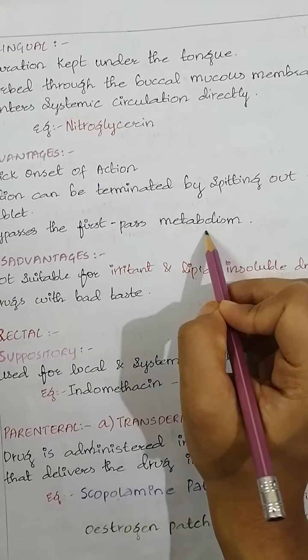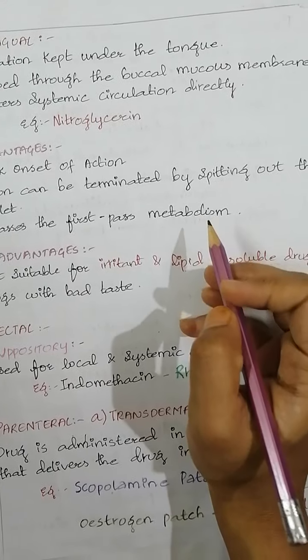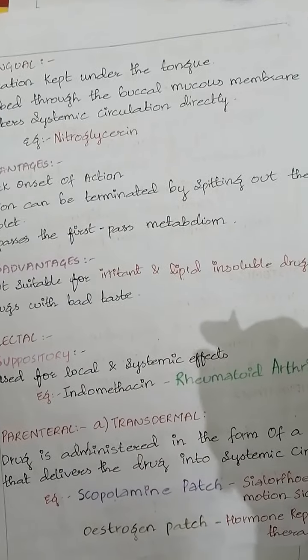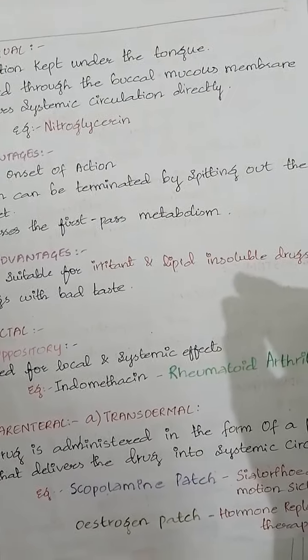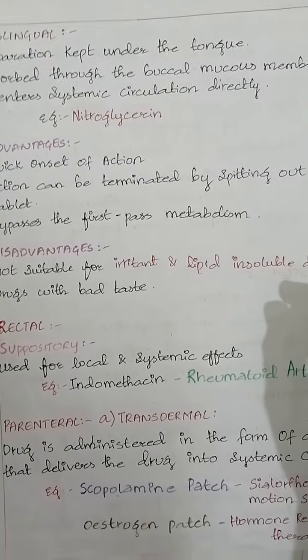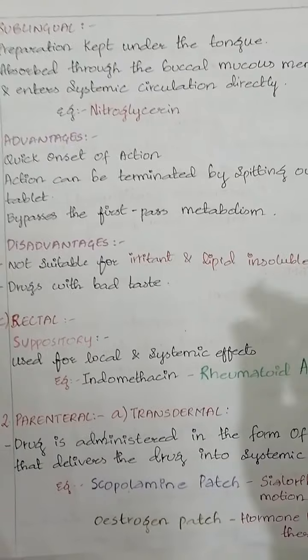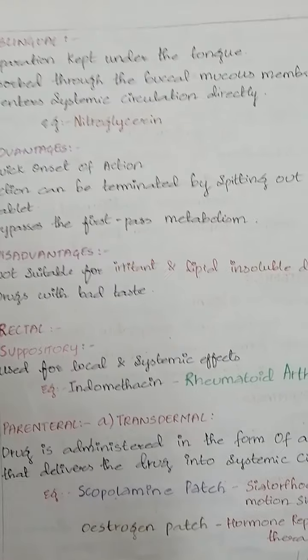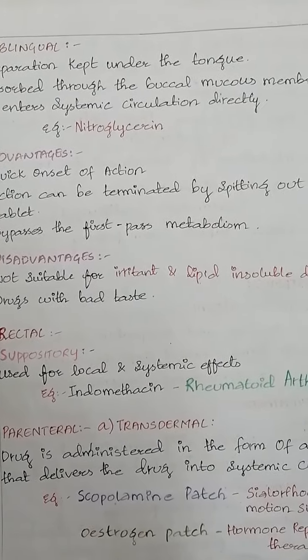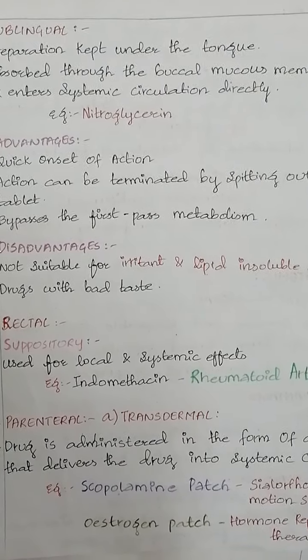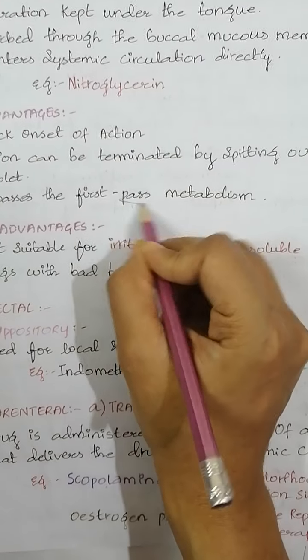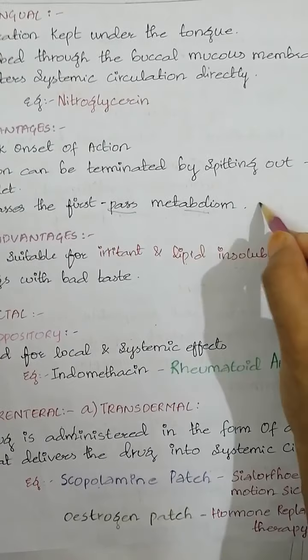First pass metabolism is the hepatic metabolism of pharmacological agents, because when the drug is absorbed from the gut, it is delivered to the liver via the portal circulation, and then it enters the systemic circulation. Simply, when the drug is absorbed orally, it is transported to the systemic circulation via the liver.